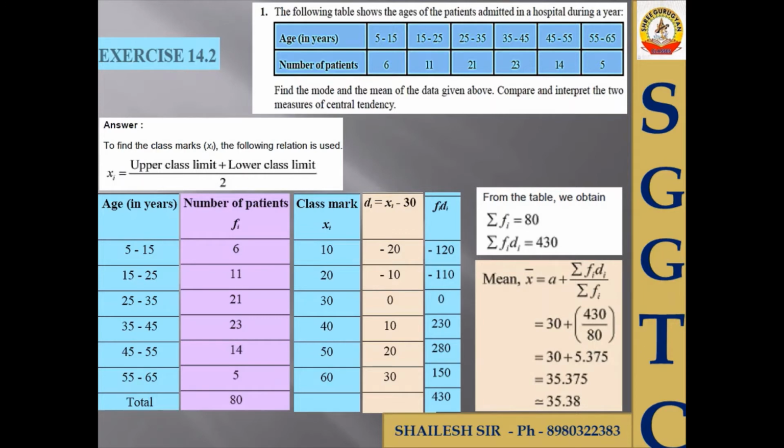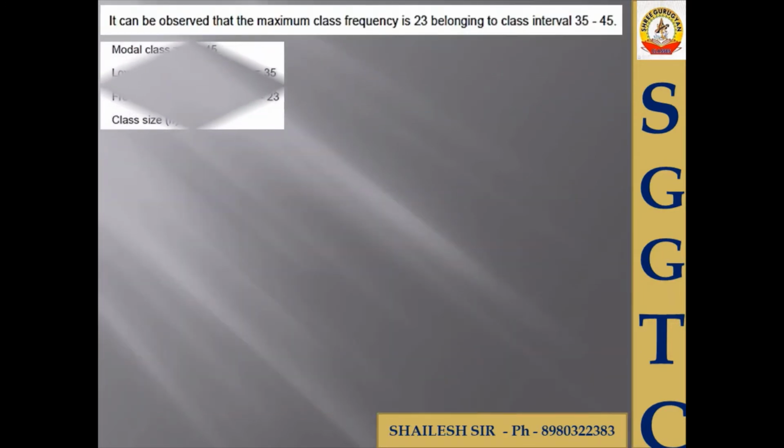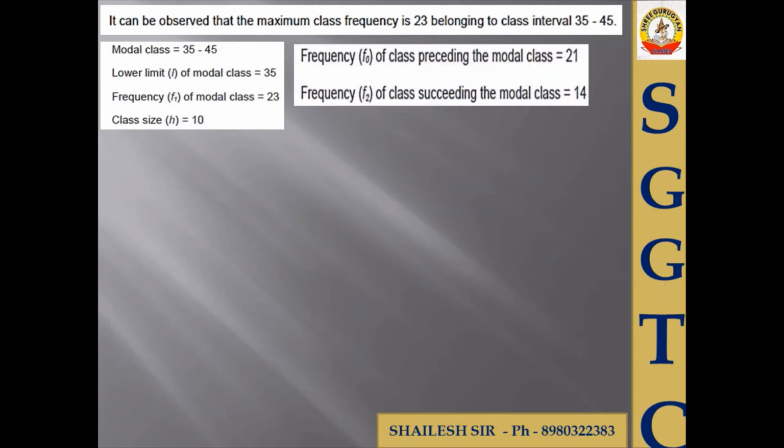Now I go to the mode. The question is the same, students. For the mode, check what is the highest frequency. Yes, the highest frequency is 23, and the modal class is 35 to 45. The class size is ready, and the preceding and succeeding frequencies of the modal class are also known, 21 and 14.